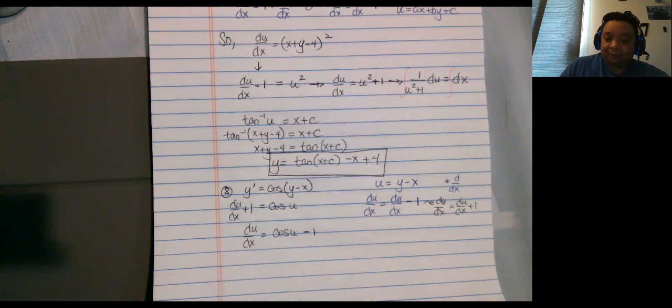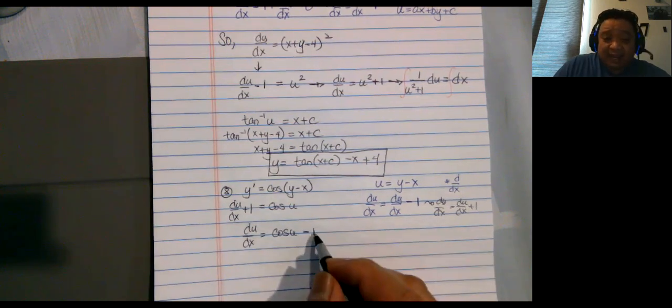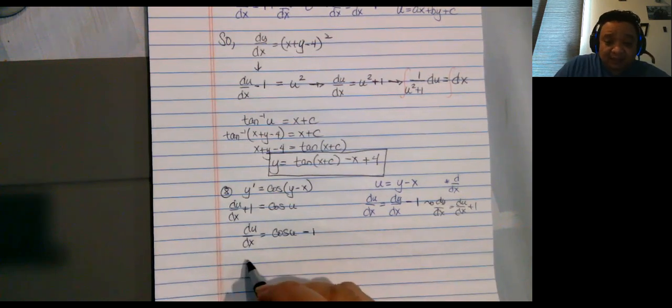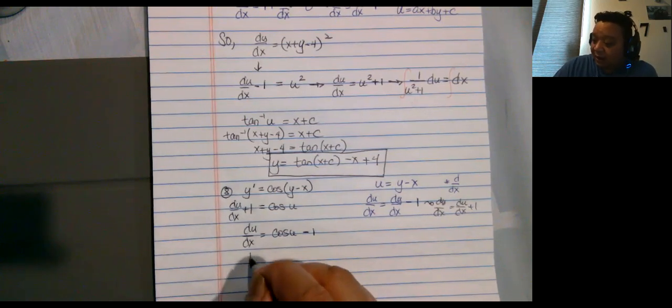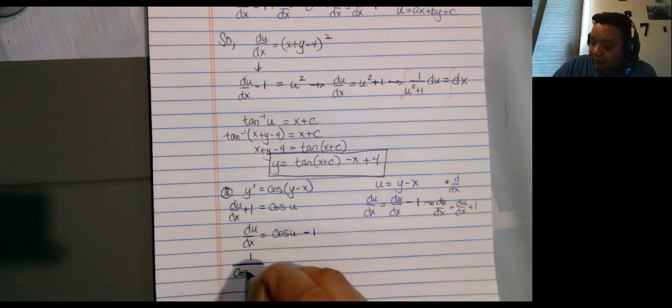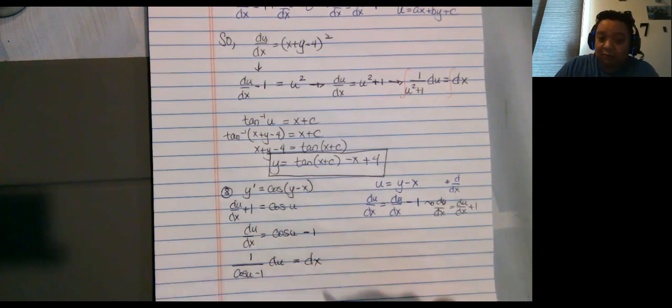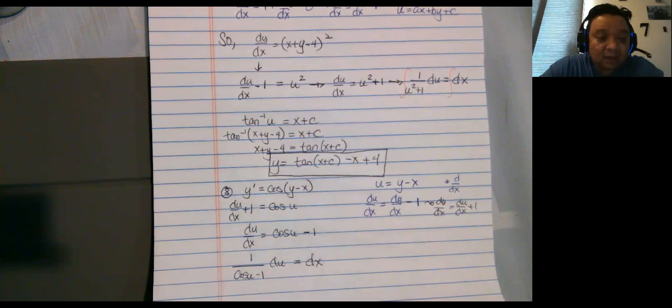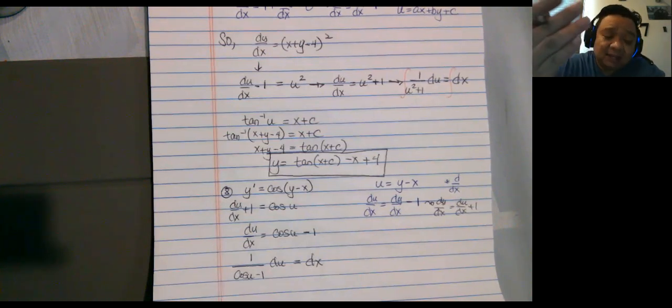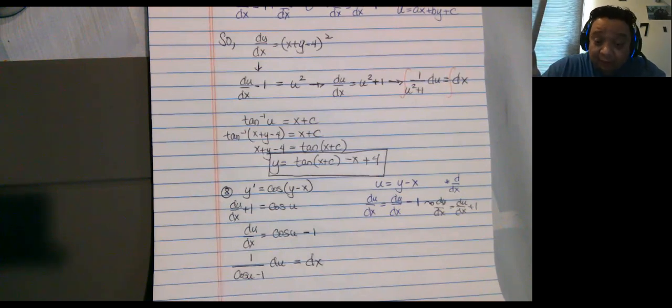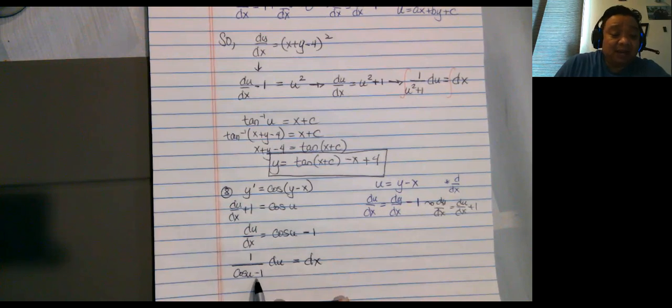I'm gonna go ahead and divide this to this side. And so you're gonna have a 1 over cosine u minus 1 du is equal to dx. Okay. Now, as far as the technique goes that we're gonna do, to sort of explain it, the first thing I wanna do is get rid of the -1, right?